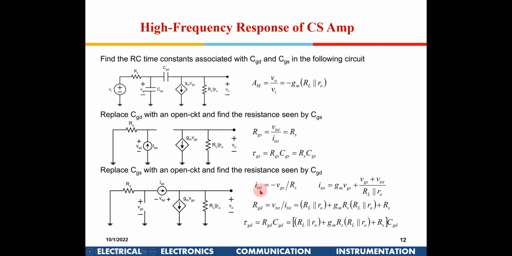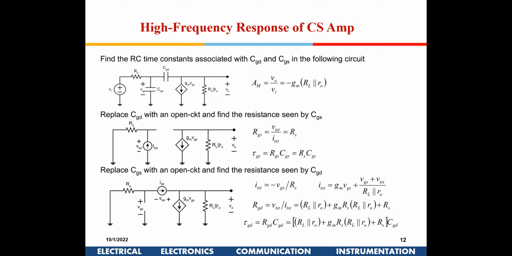Now you have one VGS here, so that VGS value is substituted in these equations as I test into RS, and a negative sign. If you do that, then finally you can take these terms here and write V test by I test, which is the resistance which will be seen by this capacitance. So that comes out to be like this. Is it okay with all of you?